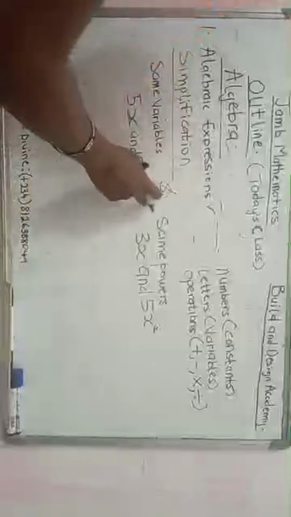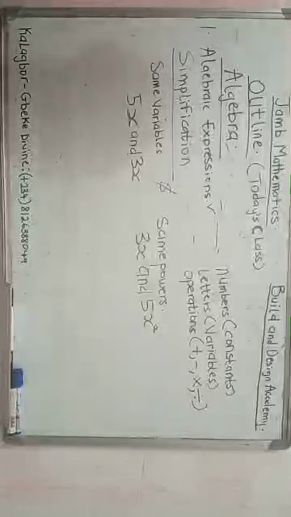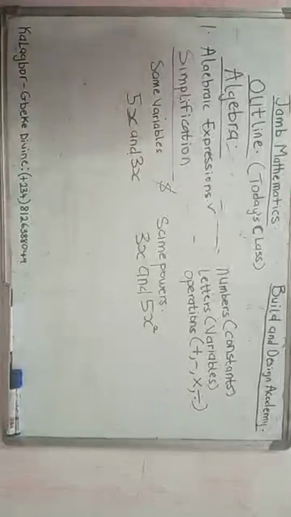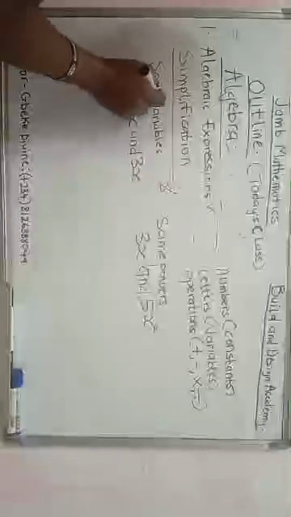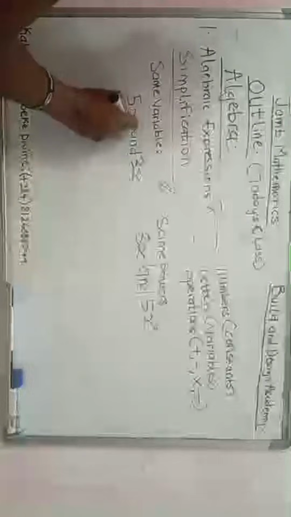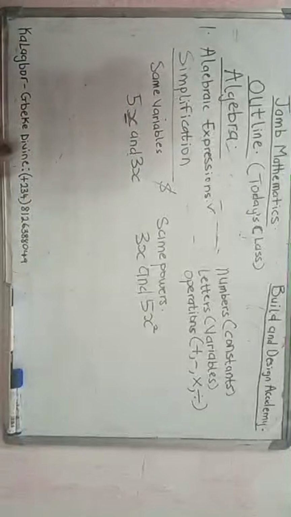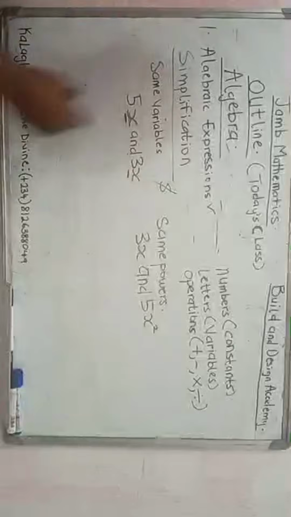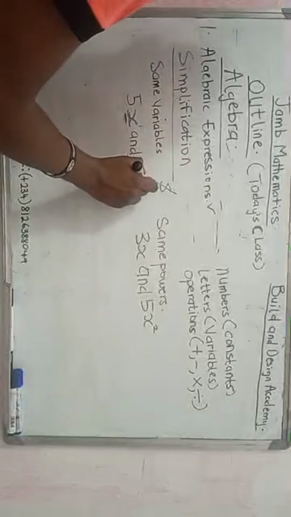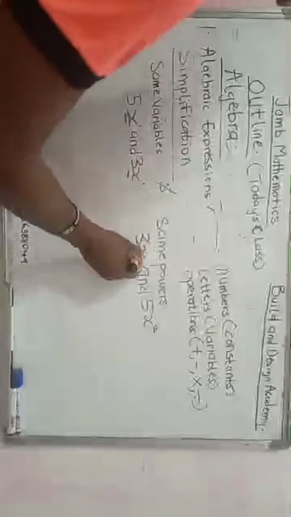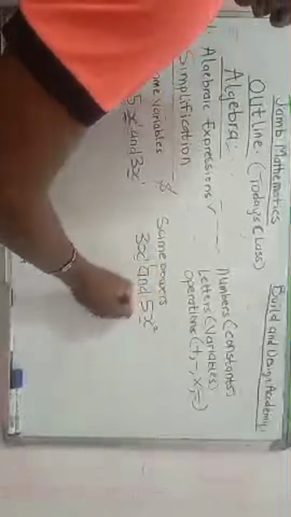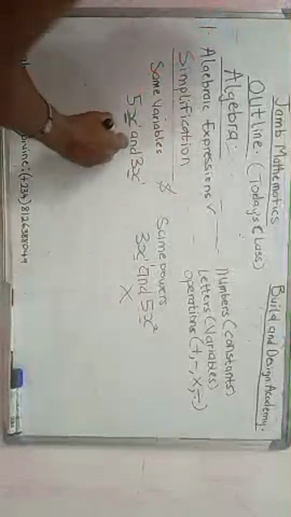For you to add 5x and 3x, they must have the same variable, that's this x, and the same power. The power of x here is 1, and here is 1. But here they have the same variable but different powers. The power here is 1, the power here is 2. So here you cannot add them. Here you can add them.